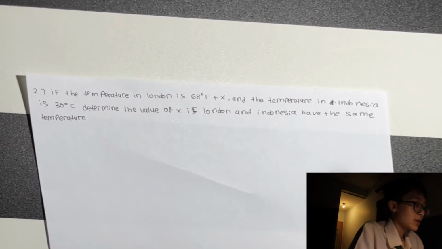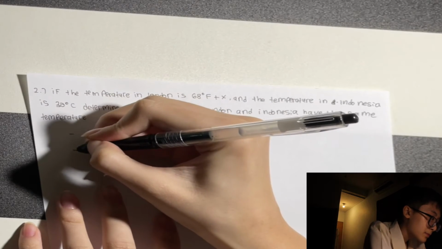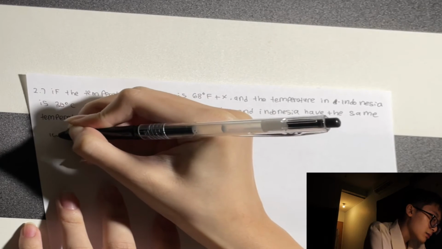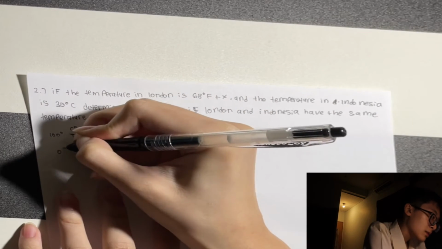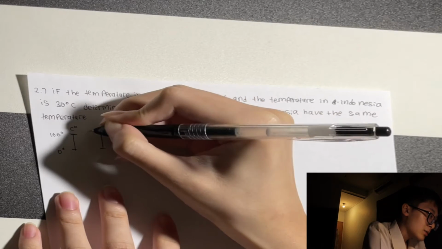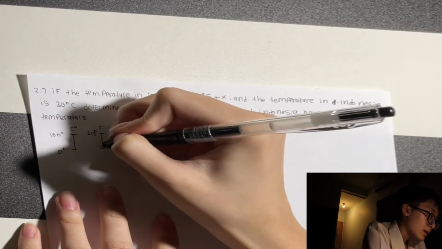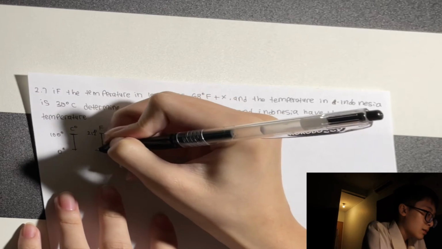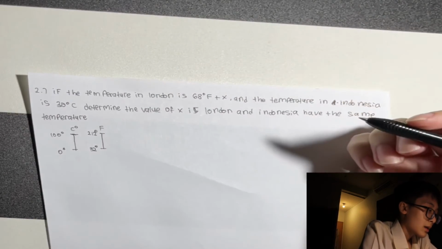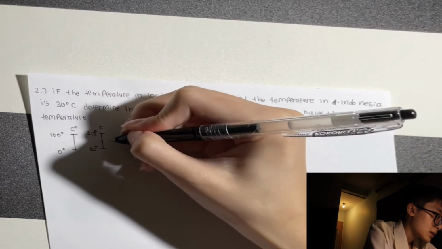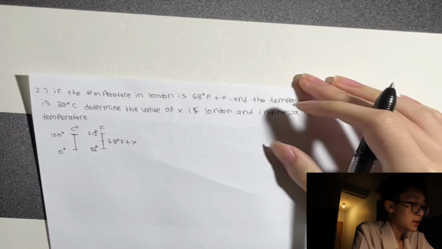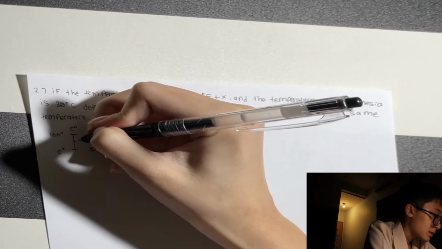Okay, since we know that Celsius has 100 degrees of boiling point and 0 degrees of freezing point, while Fahrenheit has 212 degrees Fahrenheit boiling point and 32 degrees of freezing point. And the value is 68 degrees Fahrenheit plus X. The value over here is 30 degrees.